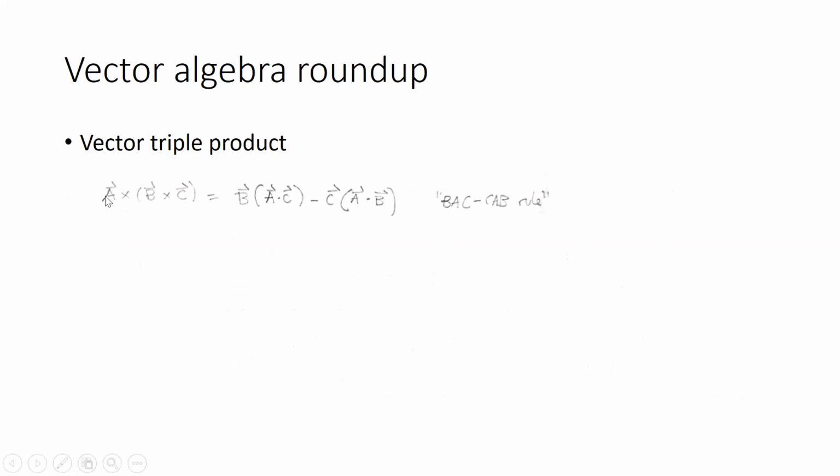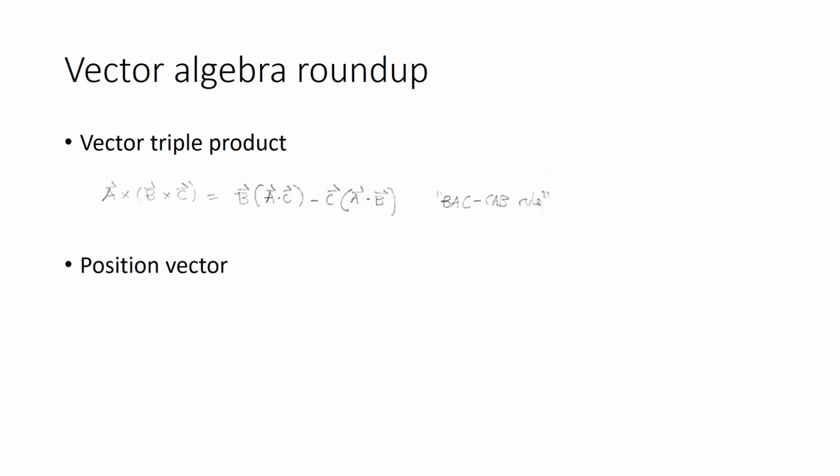It says that the cross product of A with B cross C is equal to B times the dot product of A and C minus C times the dot product of A and B. And sometimes this is known as the back cab rule, because we have BAC minus CAB. So you might remember the back cab rule, or you can always look it up in the front of your textbook.